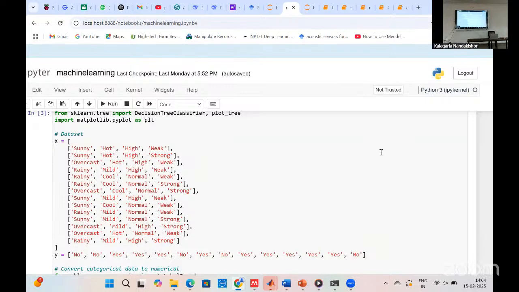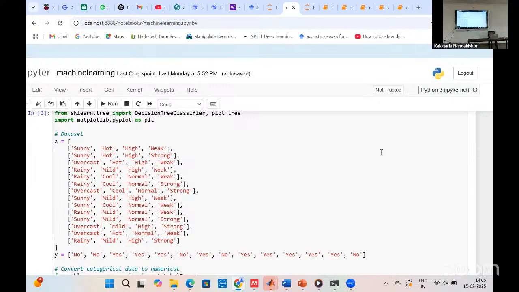The decision tree algorithm uses both classification and regression algorithms. The combination of these two is called the CART algorithm.